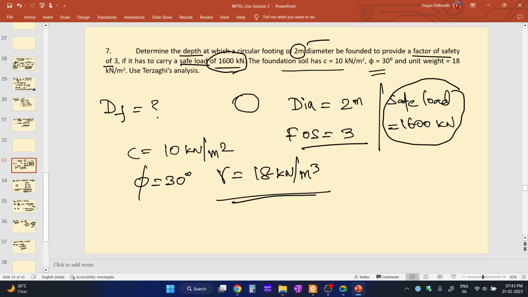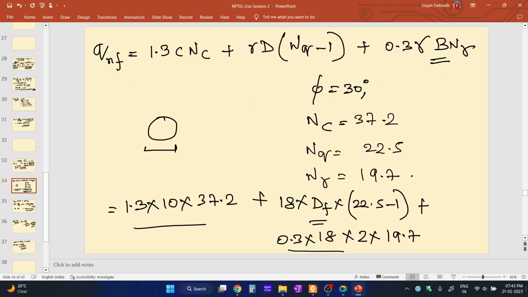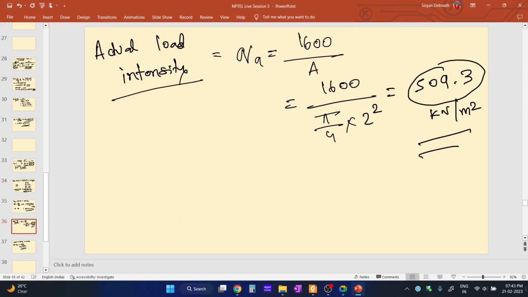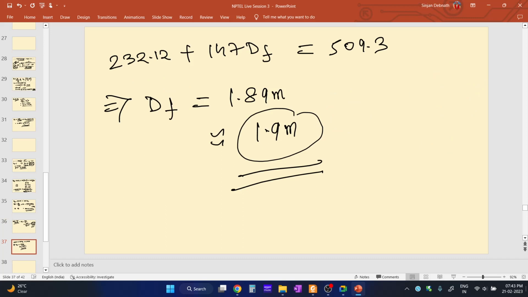We are finding out the safe bearing capacity of the footing, qs, using this formula, and we are equating it with the load intensity coming from the safe load of 1600 kilonewton, that is 509.3 kilonewton per meter square.